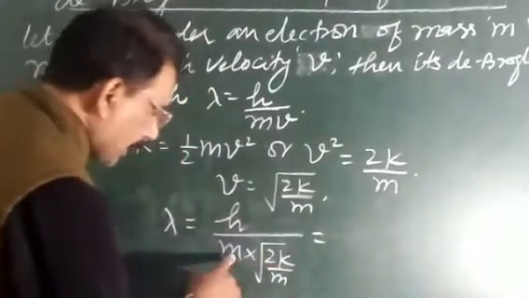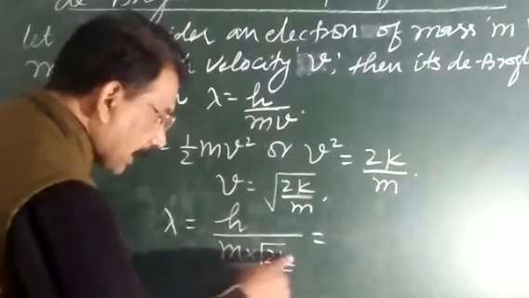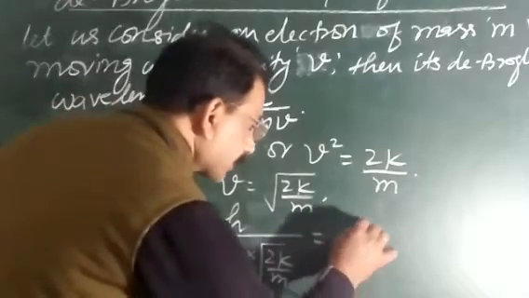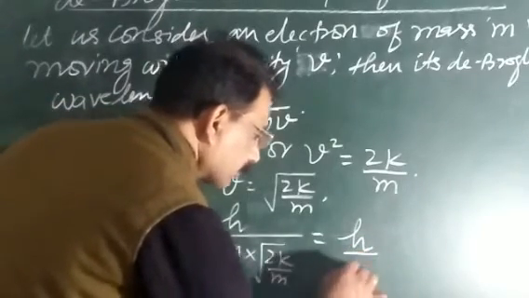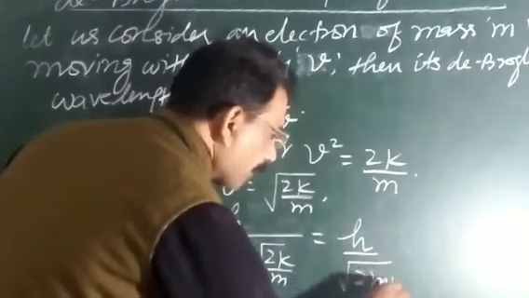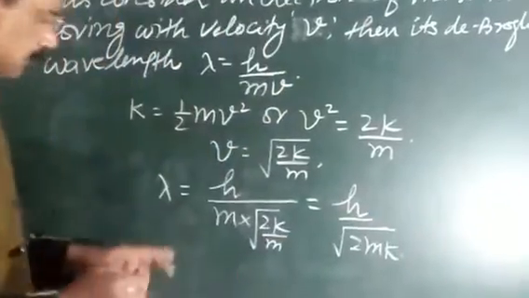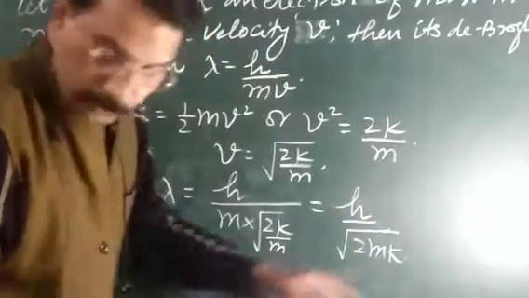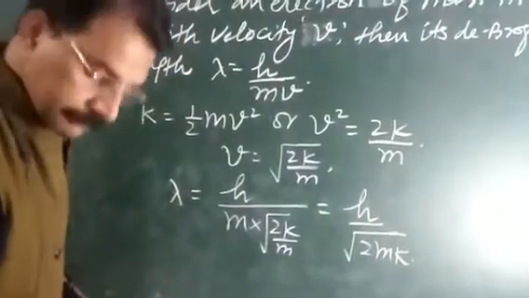When you take this m inside, you get m square, then one m is cancelled by this m, and you get lambda is equal to h upon root 2mk. It means the de-Broglie wavelength lambda is equal to h upon root 2mk.